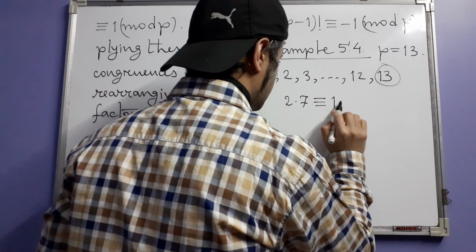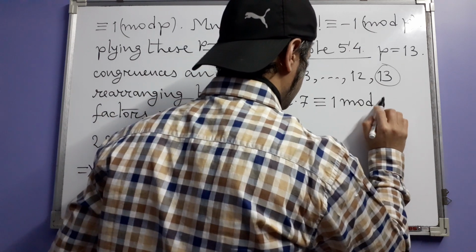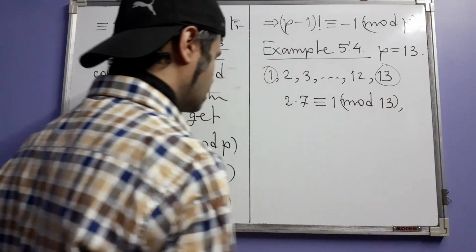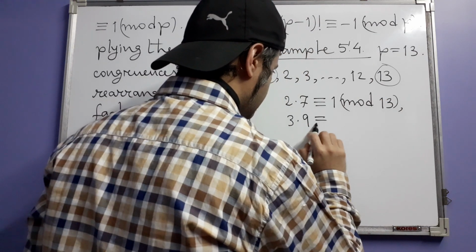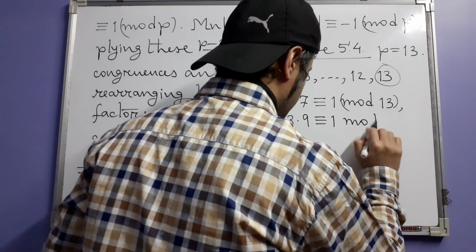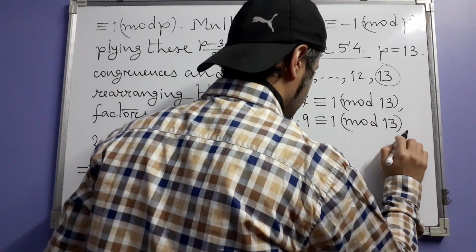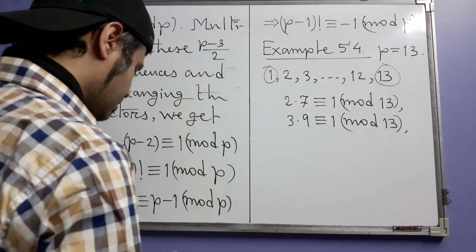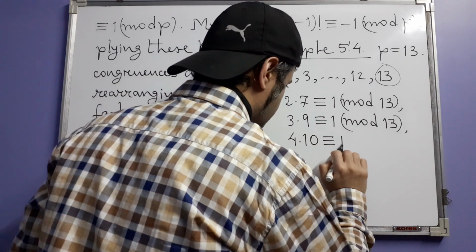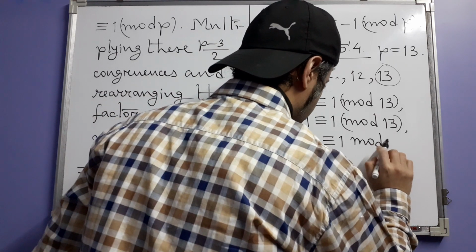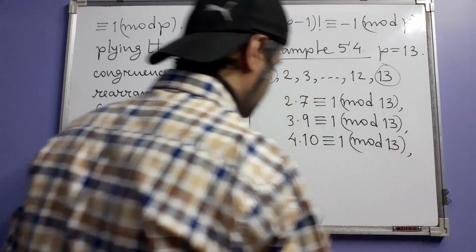2 times 7 is congruent to 1 modulo 13, then 3 times 9 is congruent to 1 modulo 13. What else do we have? 4 times 10 is congruent to 1 mod 13.